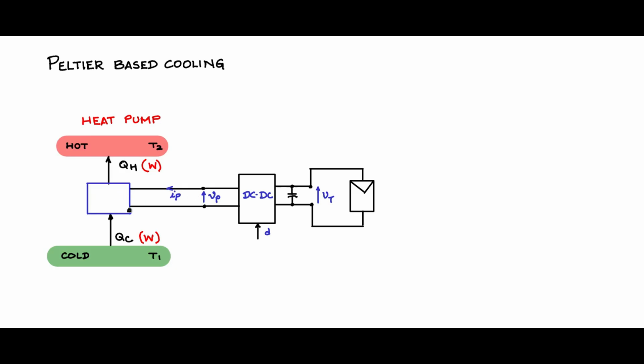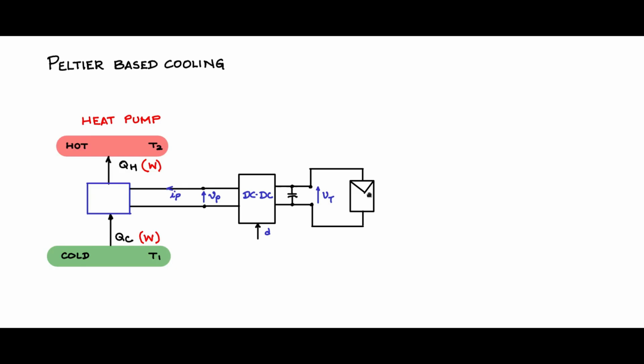So we know the electrical resistance in ohms that is offered by the Peltier element, which is given in the data sheet we saw, and then using that you can adjust the duty cycle accordingly.